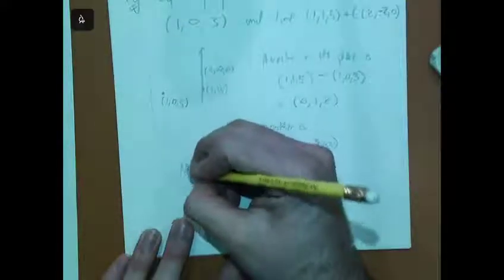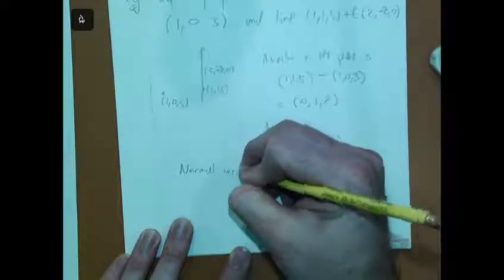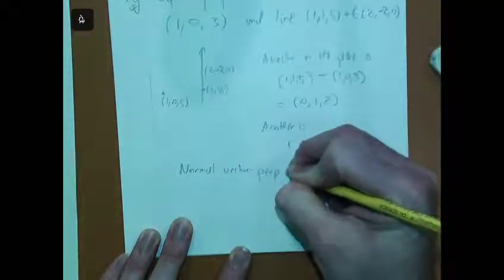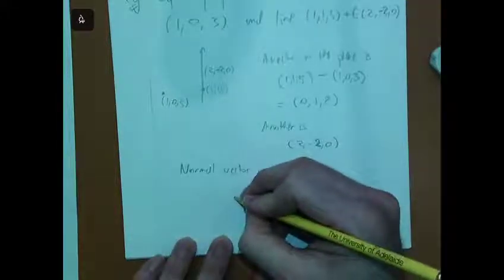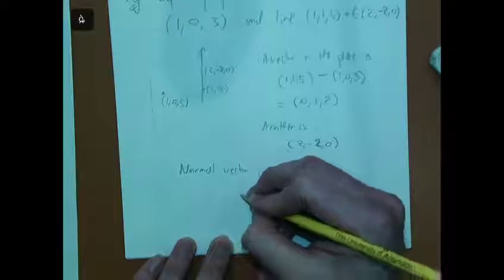And I need a vector, a normal vector will be perpendicular to both of them, so it could be the cross product. Now let me see.